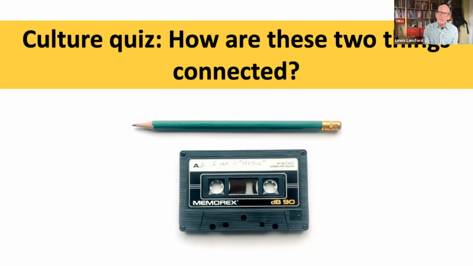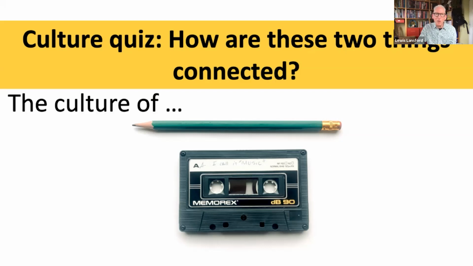Okay, so why is this a culture quiz? Because we normally think of culture as bowing in Japan and shaking hands in much of the West, and the types of food people eat and various cultural taboos and so on. So why is this culture? Well, in this case, we're talking about the culture of a generation.